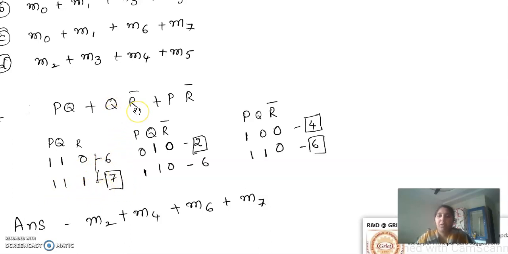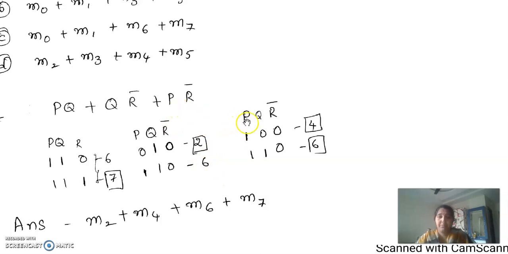Similarly, q r'. Here p is missing, so for p you should write 0 and 1. For q r', q equals 1 and r' equals 0. So the minterms are 2 and 6.